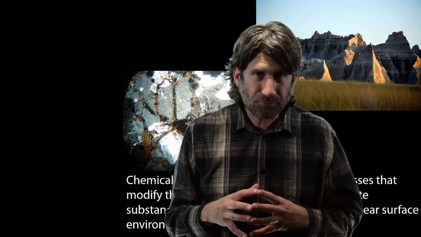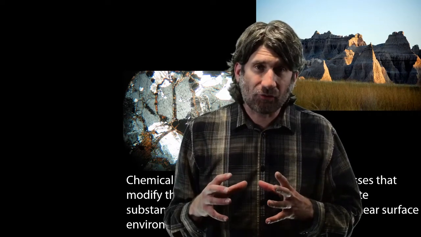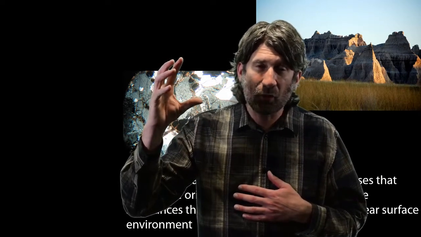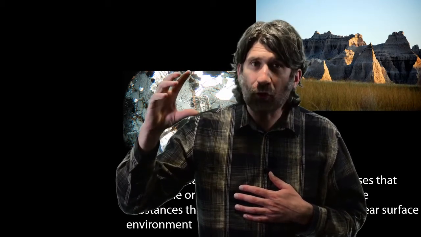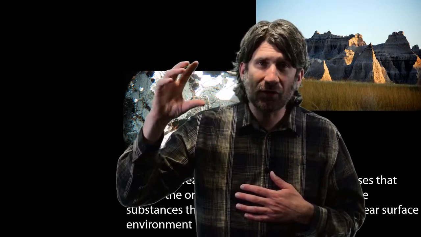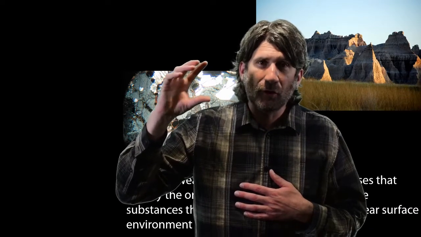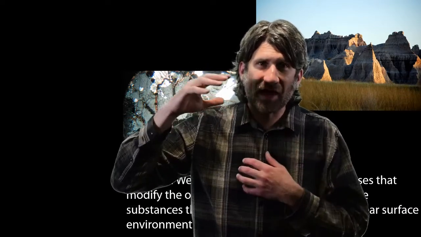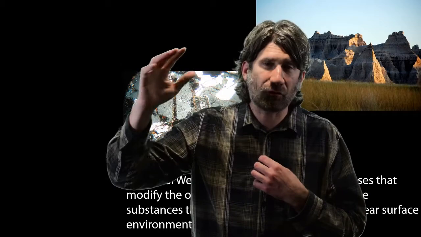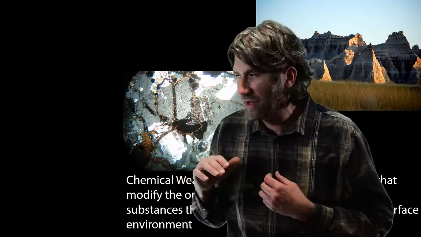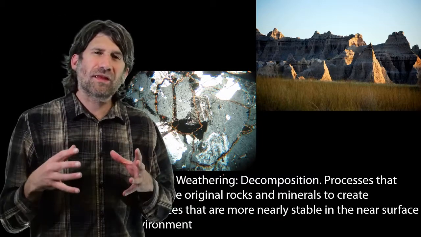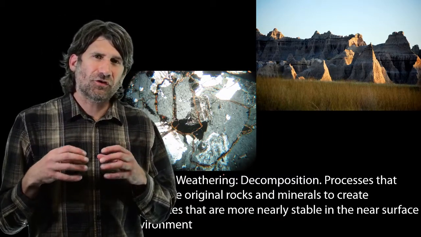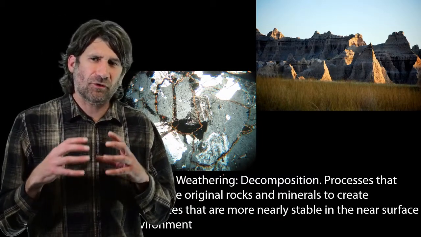Chemical weathering is when we have primary minerals, whether it's a feldspar, a hornblende, or a quartz grain, and we have chemical reactions that convert them from primary to secondary minerals. Those secondary minerals generally are more stable at the Earth's surface. And so you create these minerals that are stable and stay there.